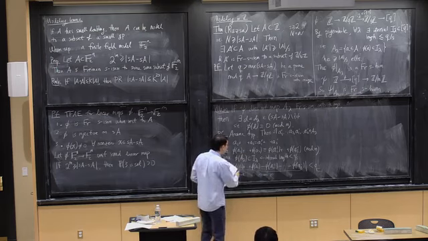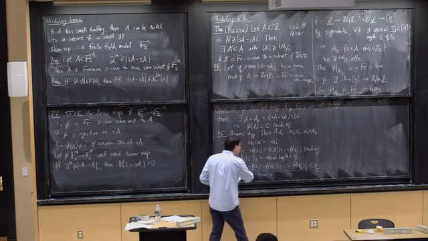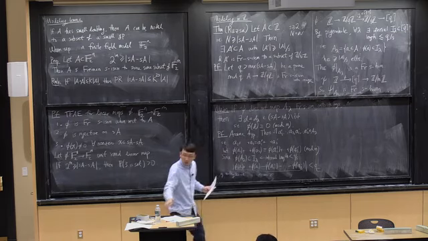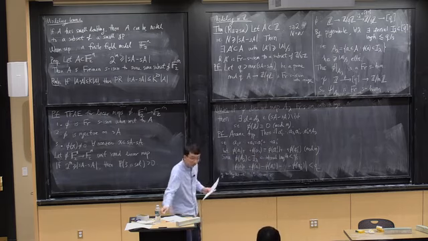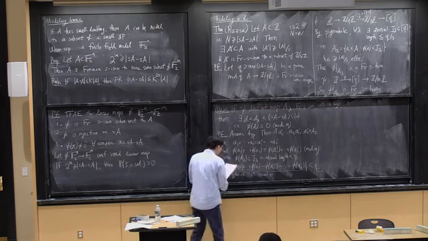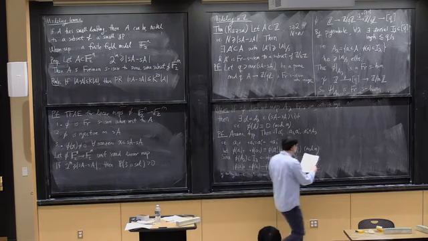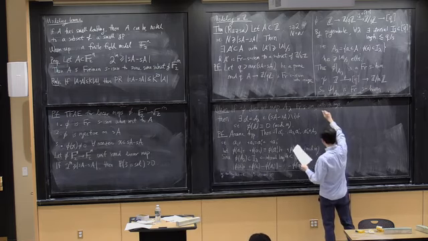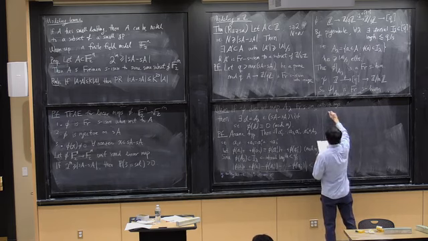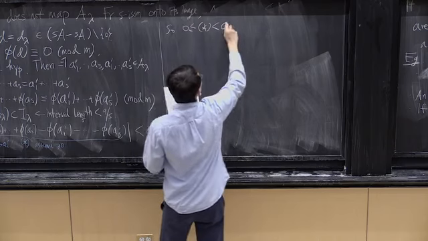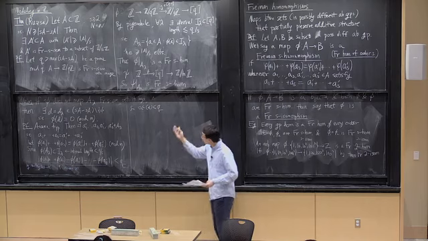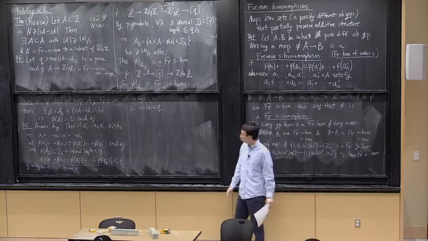So let me call this expression inside the absolute value star. Then star is some number that is at least 0 and strictly less than q.